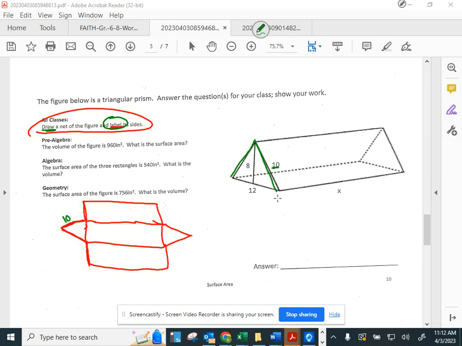So this is 10, and this is 10, this is 10, and this is 10. Because when they fold up, they're gonna fold up to match up. So they have to be the same number, because we want them to match up exactly the same. So it's gonna be the same thing on this side.